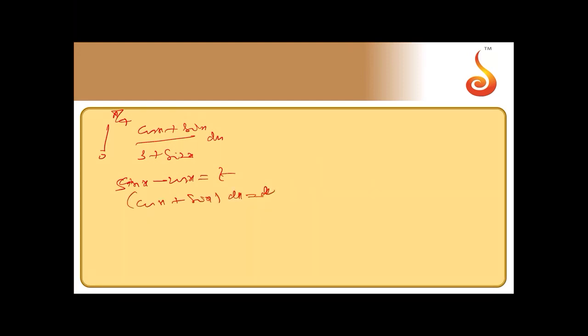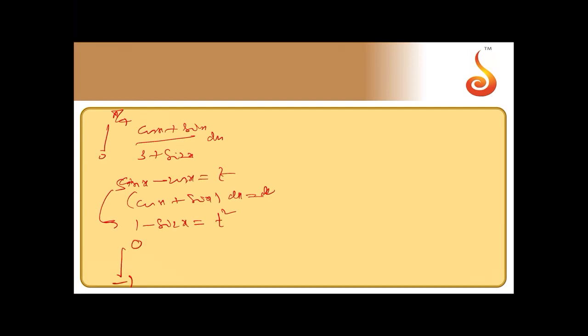Of course, when you square it, 1 minus sin 2x is equal to t square, therefore sin 2x is 1 minus t square. The limits also change: at 0, sin 0 minus cos 0 is minus 1, and at pi by 4 it will be 0.